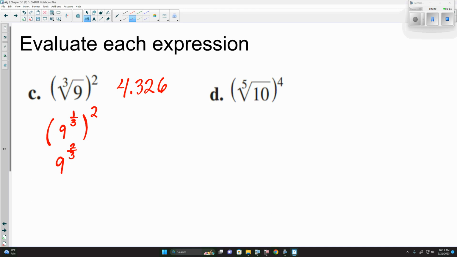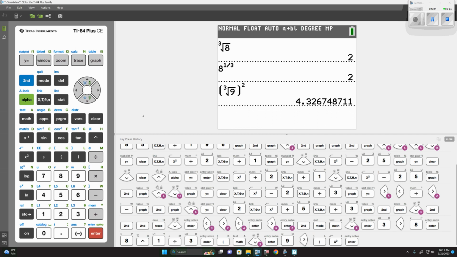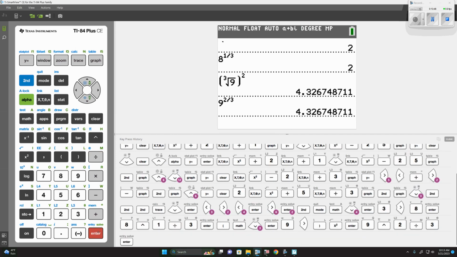Because sometimes these will simplify and be nice numbers, and sometimes they will not. Because this will not reduce to a nice number. And we have this here. Because 9 to the 2/3 is the same as 4.326. And we say 9 to the 2/3, and we get the exact same thing. Questions on any of this here?